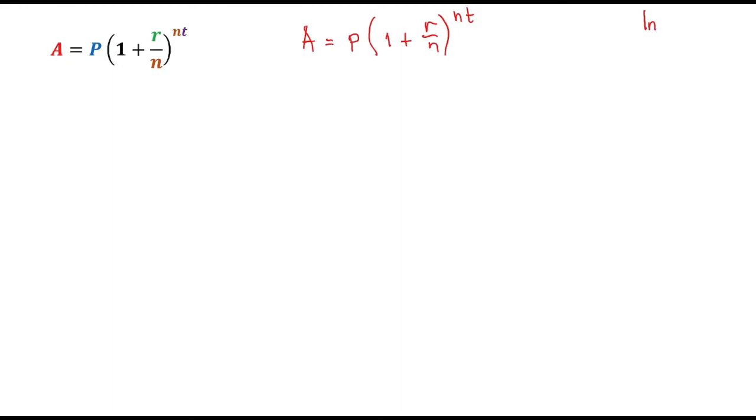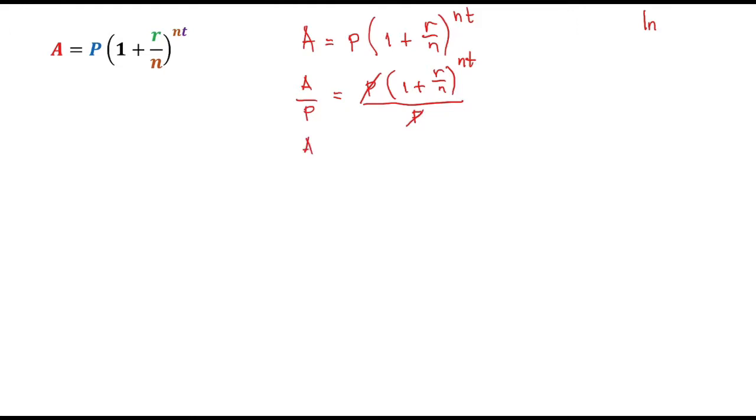So A is equal to P times the quantity 1 plus R over N raised to NT. The first step again is we have to divide both sides by P. So A divided by P is equal to P times 1 plus R over N raised to NT divided by P, so cancel out.